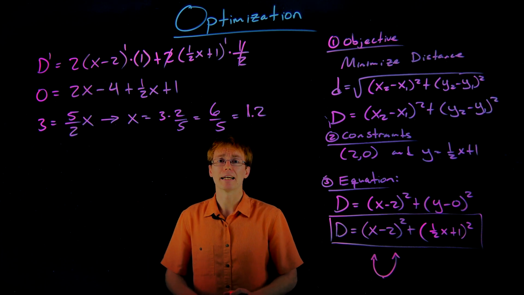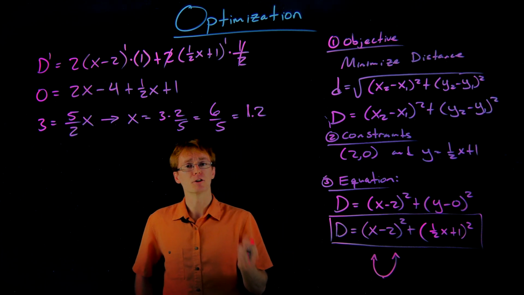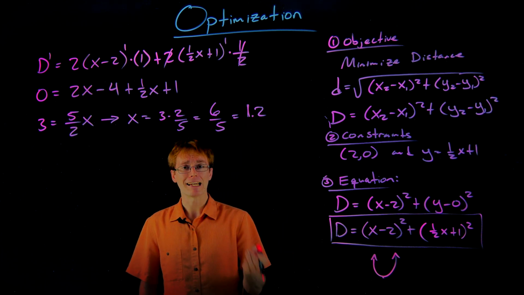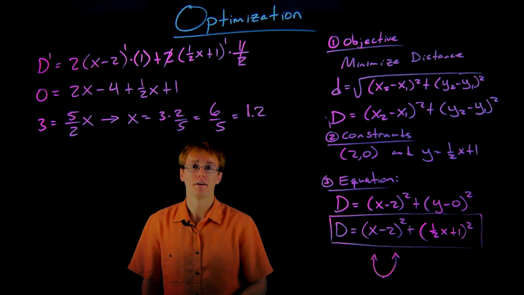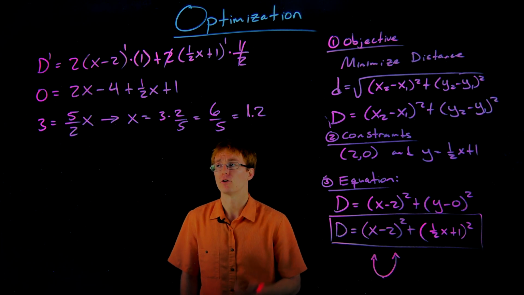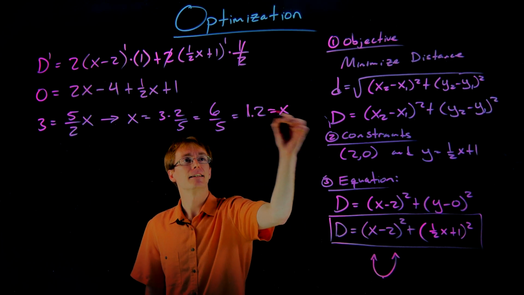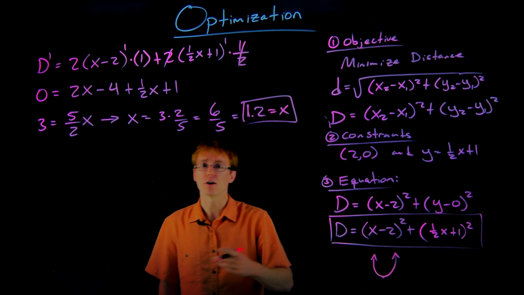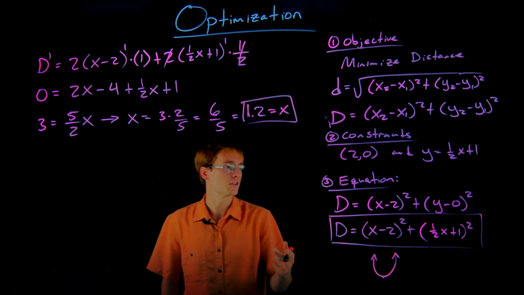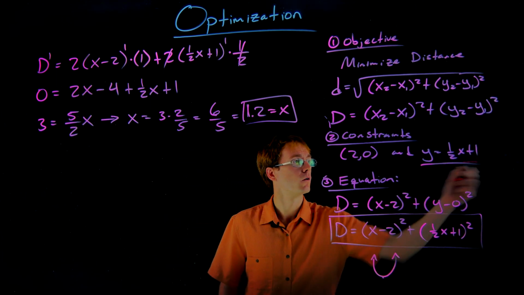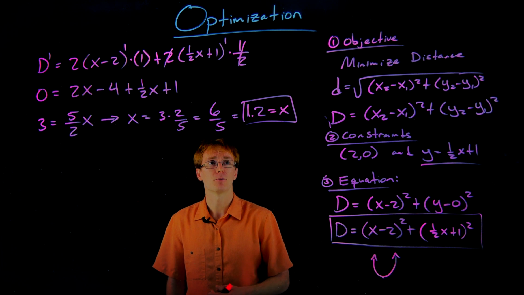But we still have to make sure we answer the original question. Remember, the original question asked, find the point x, y on our curve y equals 1/2 x plus 1 that is closest to the point (2, 0). All we found so far is the x coordinate of that point. We still have to find the y coordinate. But that's not too hard to find because we know y is just 1/2 of x plus 1.